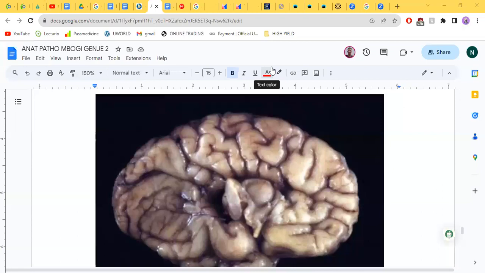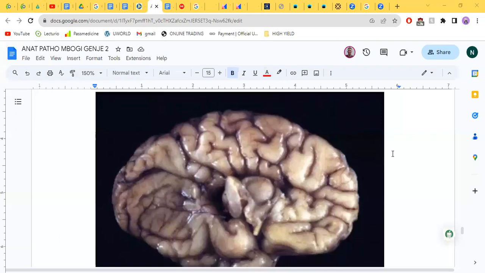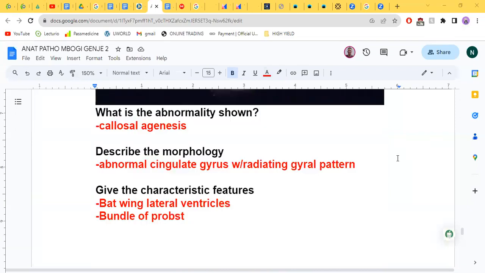What are some of the features that present with callosal agenesis? We have this kind of bat-wing appearance of the brain matter. Nate, maybe we can move down. Now we have bat-wing lateral ventricles and a bundle of Probst.